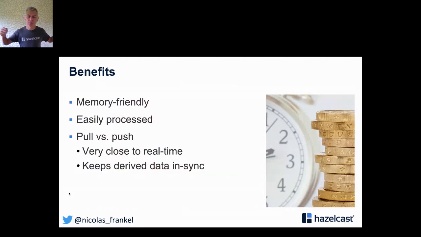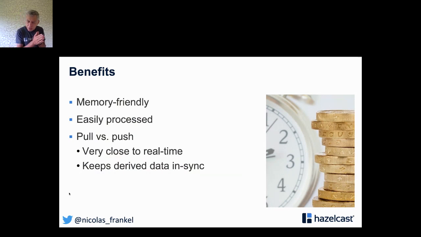Well, if you process one event at a time, the memory you need to use is very, very small. And because the event is actually also small, it can be easily processed. There is also one side effect that is very beneficial: instead of pulling the data at a regular frequency, every hour, every week, whatever, the data is pushed toward us.